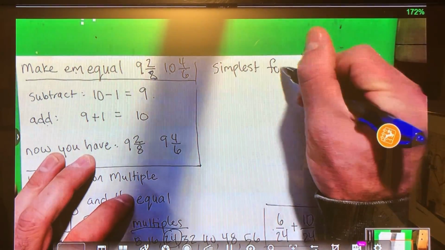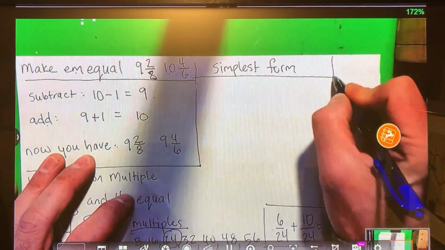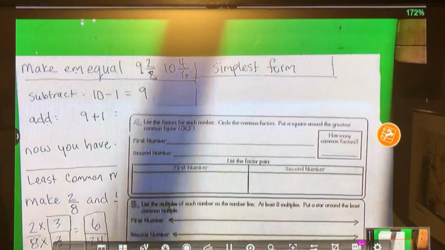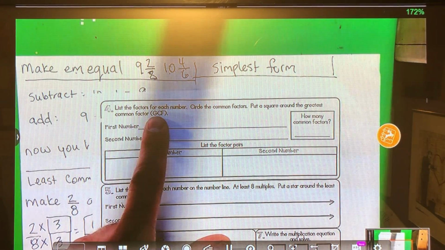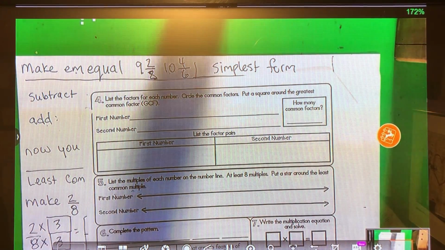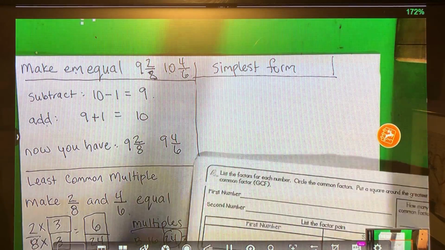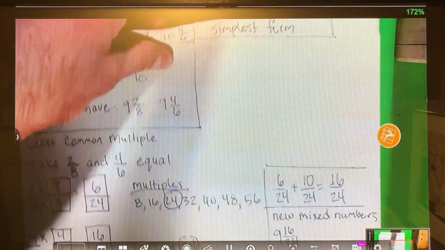And in order to put a fraction into simplest form, you're going to go back to number 4. Number 4 is the GCF, the greatest common factor. Okay? And we are going to be listing the factors of both 16 and 24, as that is our new fraction that we are working with.